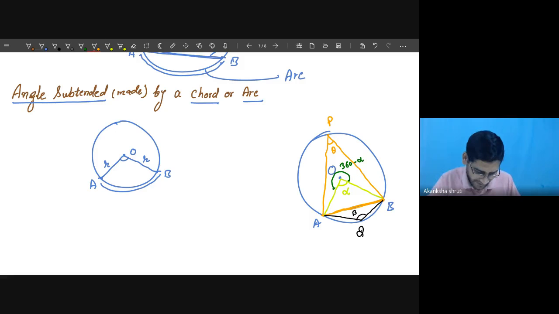But at the same time, it is also possible to join A to any point on the circumference. It will also make some angle.